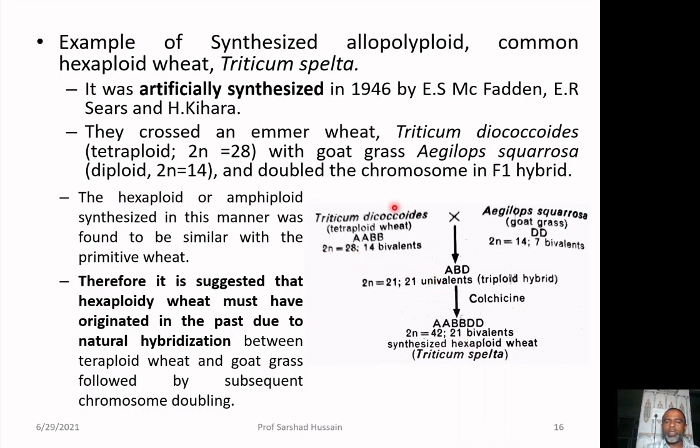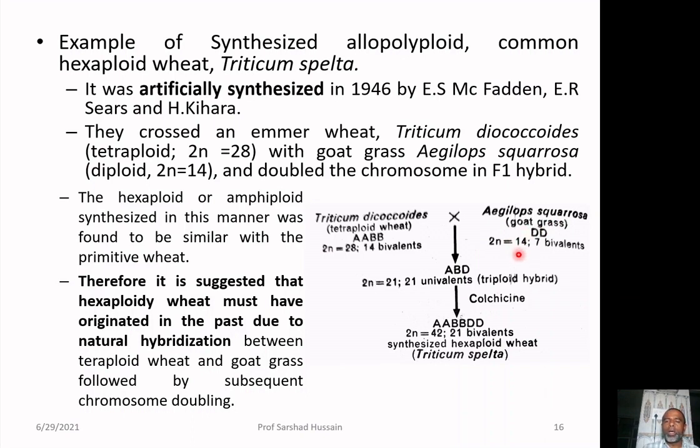It was produced by crossing Triticum dicoccoides, a tetraploid wheat with a total of 28 chromosomes, with Aegilops squarrosa, which is called goat grass, a diploid with 2n equal to 14.